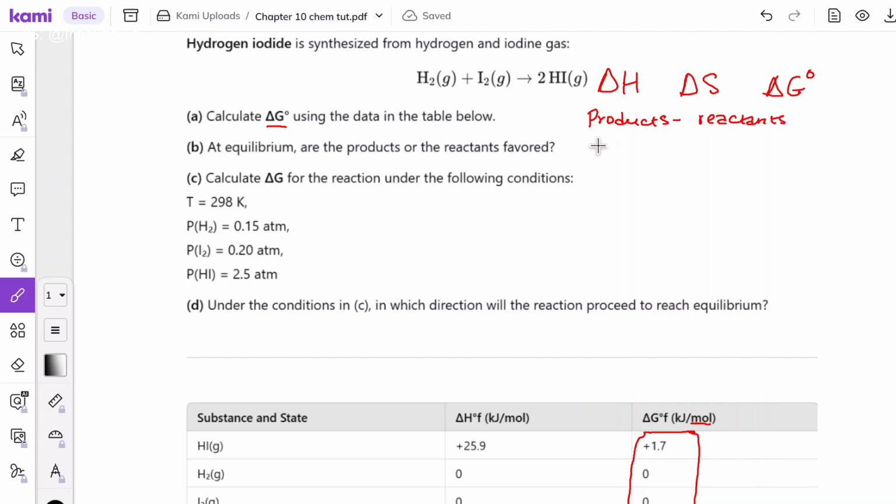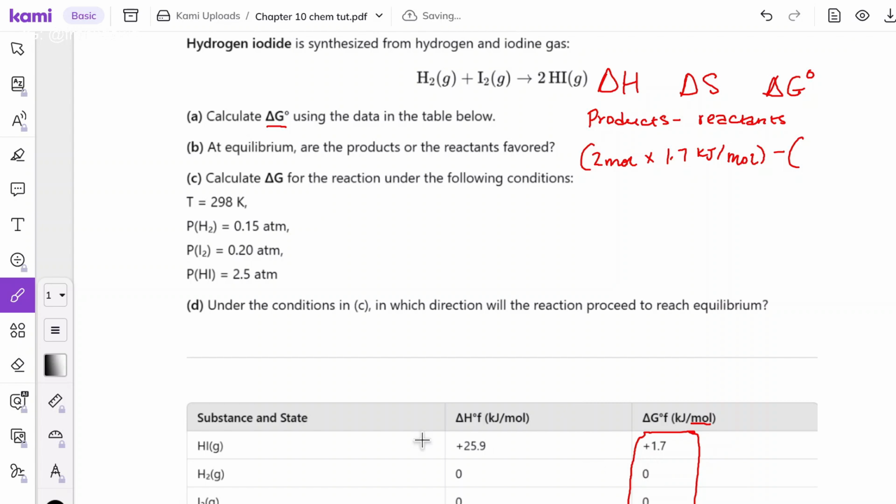So what you do here is you look at the equation here. It's 2 moles of HI, so it's 2 moles times whatever this value is, which is 1.7 kilojoules per mole, minus whatever the reactant is.